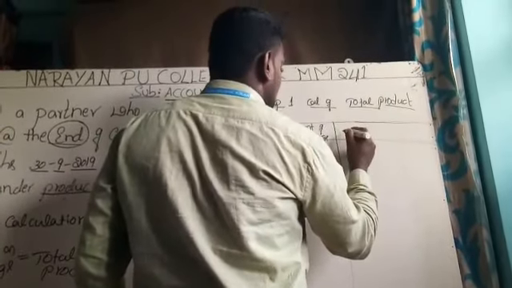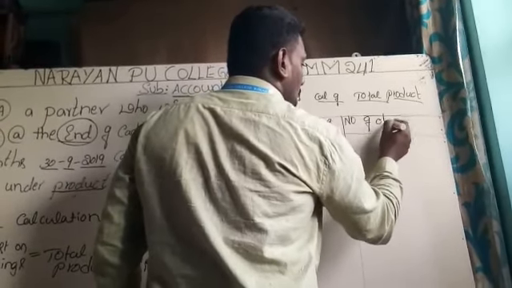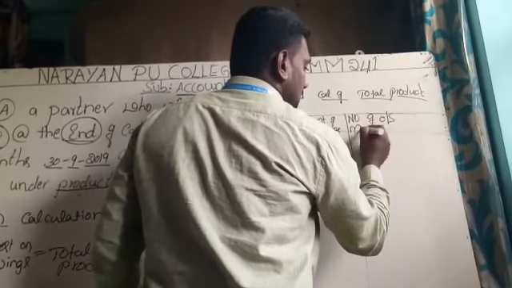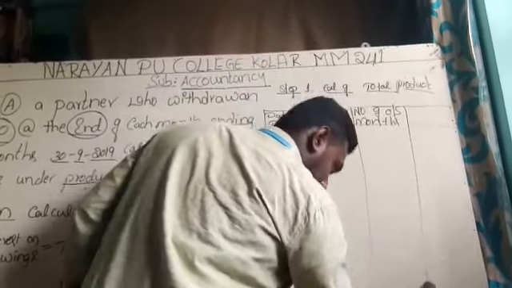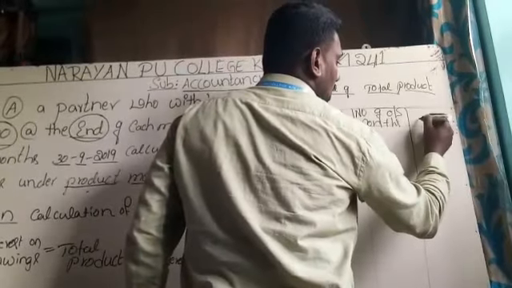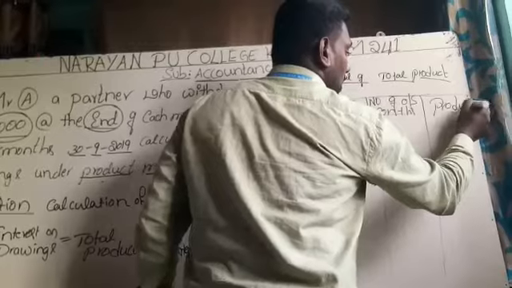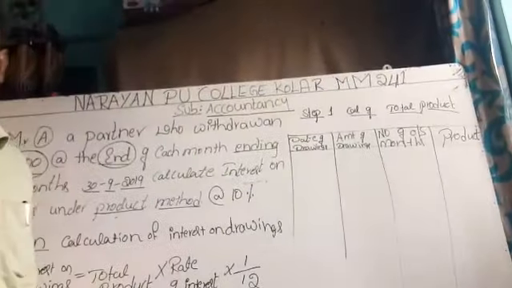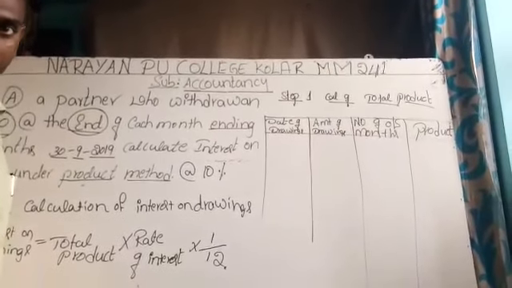Column number 3, number of outstanding months. In the last column, product. With the help of this table, we have to calculate the total product.